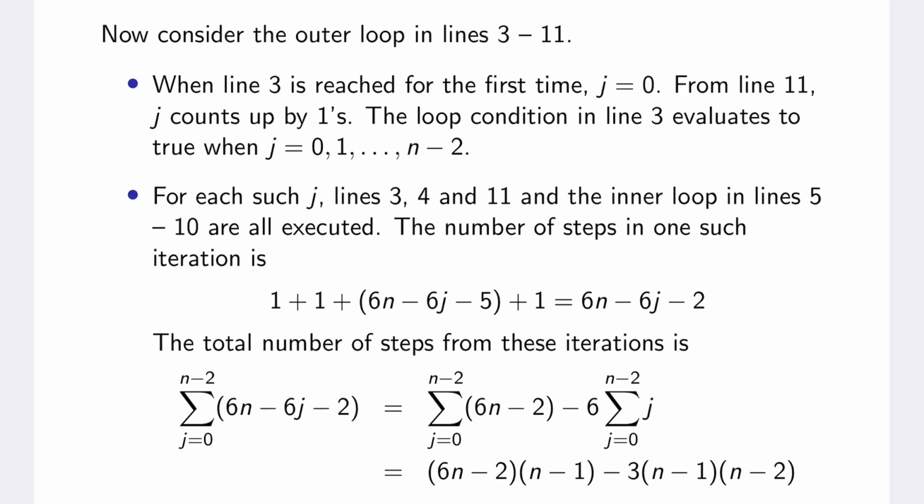N will have the exact same value in all terms of this summation. As such, you kind of have to treat n as a constant, because as far as this summation goes, it is constant. The value of 6n minus 2 doesn't change as j changes, so you use the summation identity for constants.